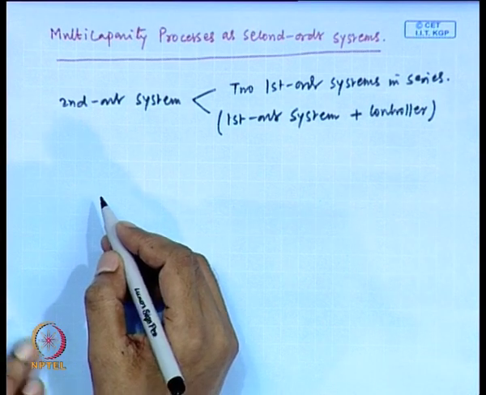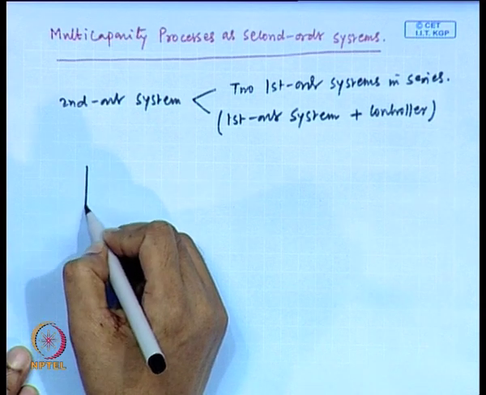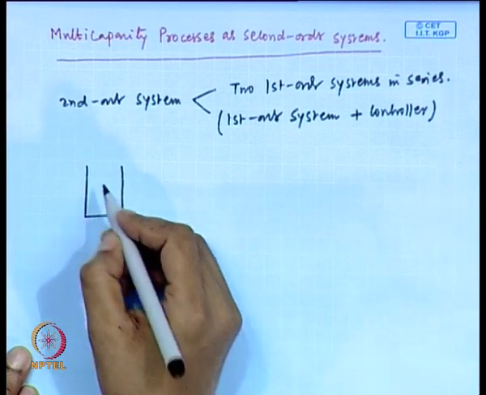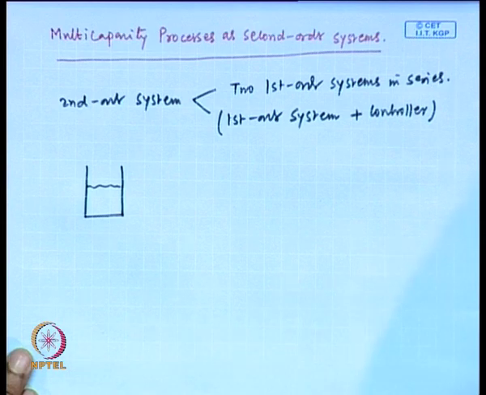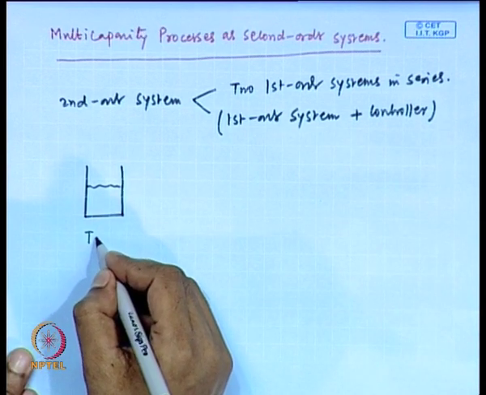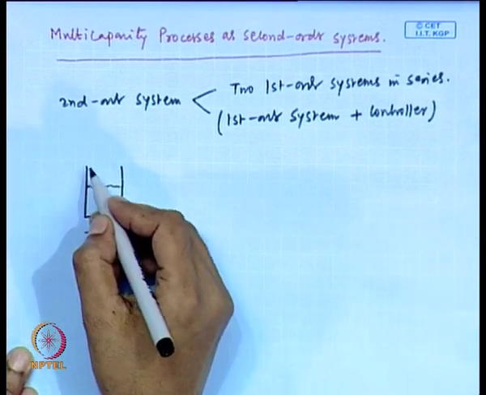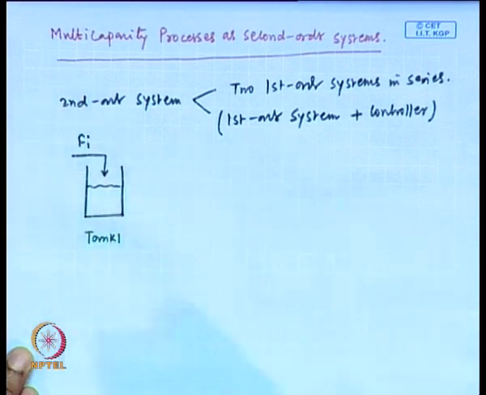We will consider two simple liquid tank systems. So, how can we connect the two liquid tank systems in series? This is tank 1. Input to this tank is Fi.